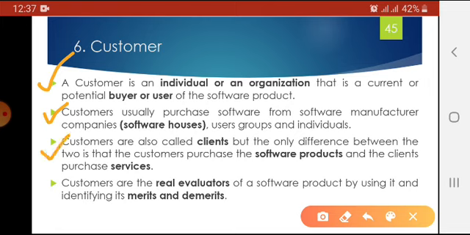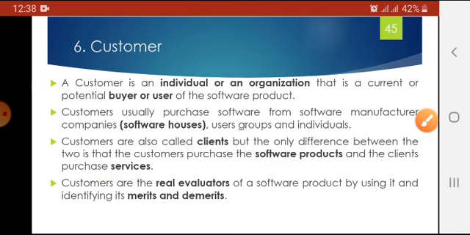Customers are also referred to as clients, but the only difference between the two is that a customer purchases the software products and a client purchases the services. So here we need to understand the concept of product versus services.